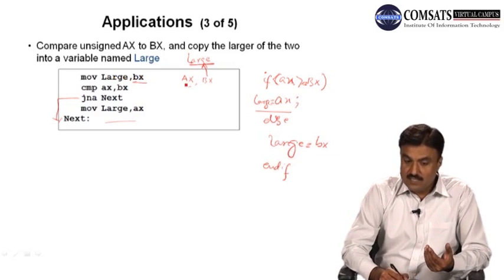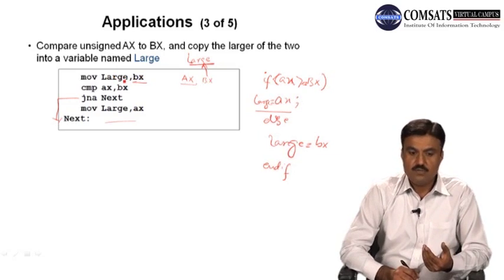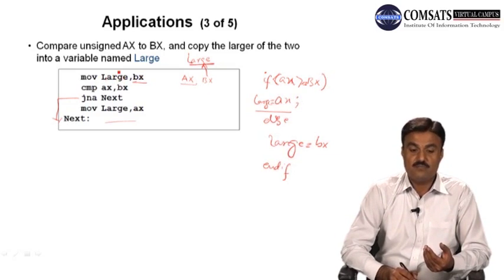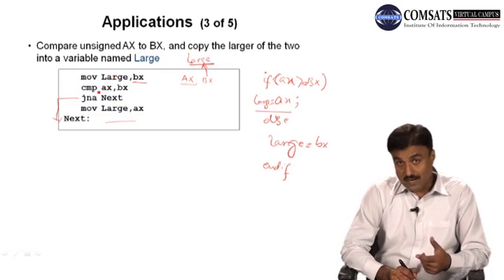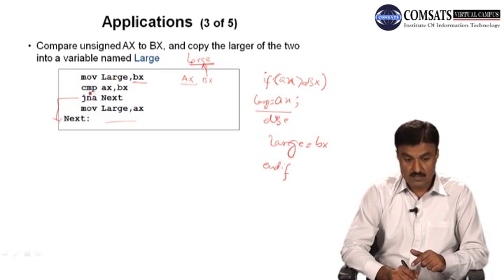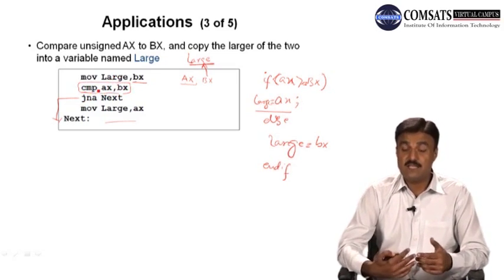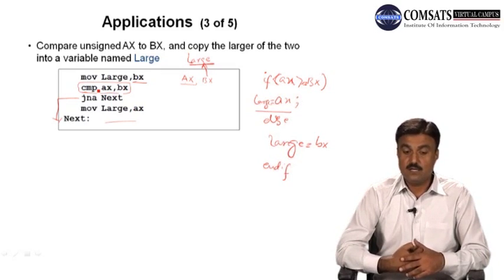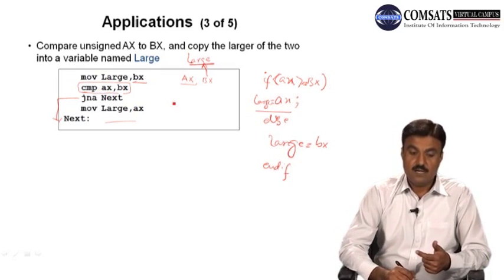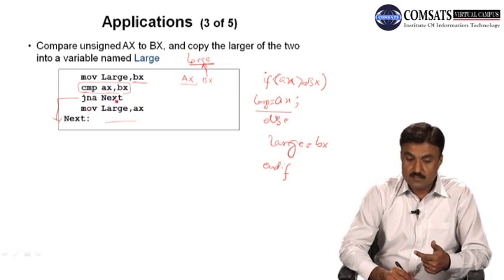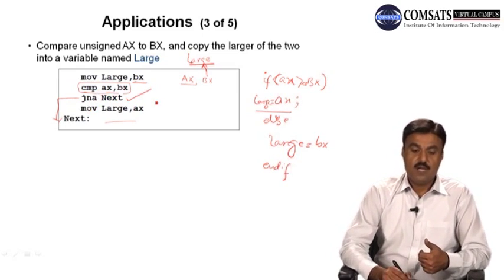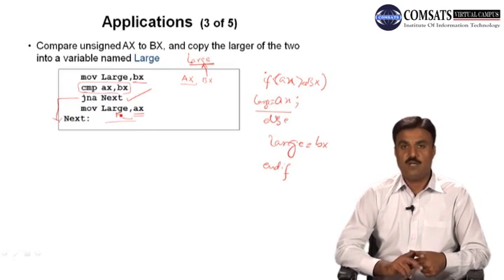So we don't need to change the value of the variable large. Otherwise, if the comparison gives a different result, for example AX is greater than BX, then this jump will not be performed and the value of AX will be transferred to the variable large.